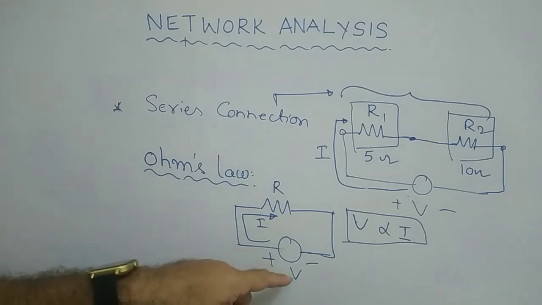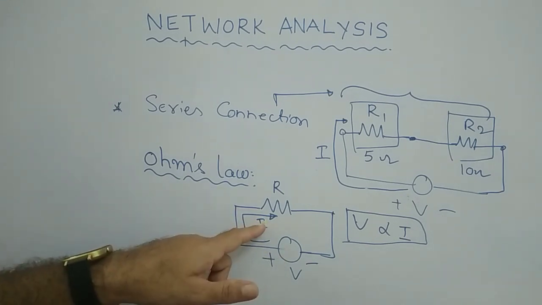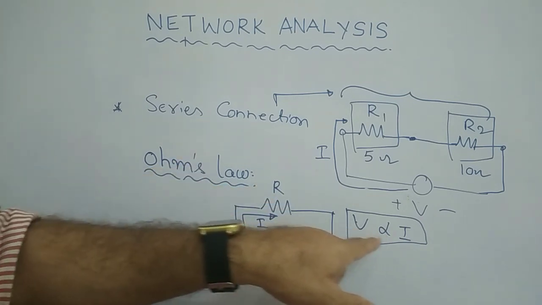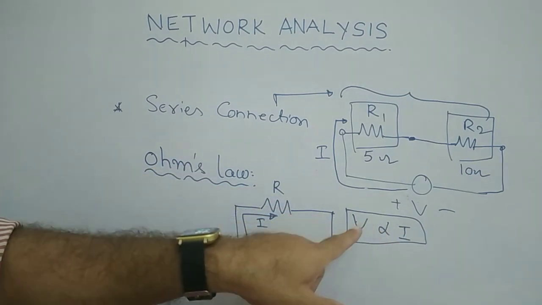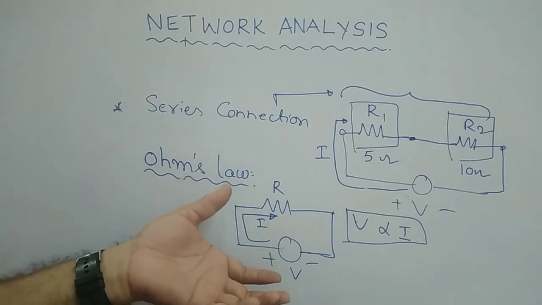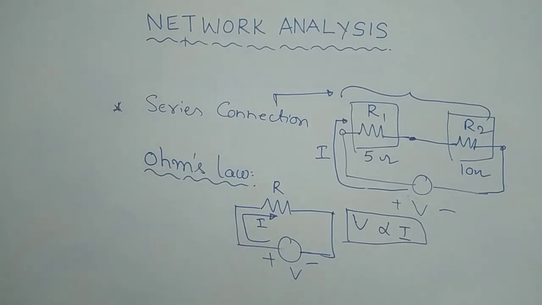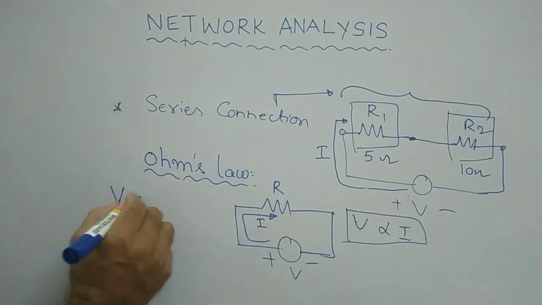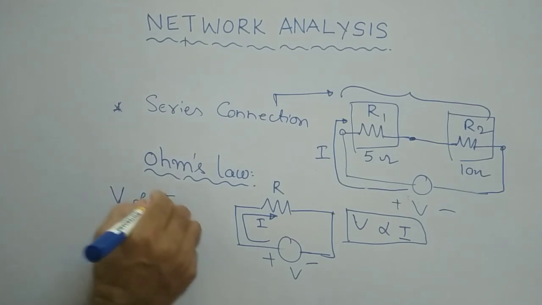If the voltage decreases, then automatically the current flowing through the circuit also decreases. That is called directly proportional. Both voltage and current are directly proportional. So according to Ohm's law, the voltage is directly proportional to I. V is proportional to I.